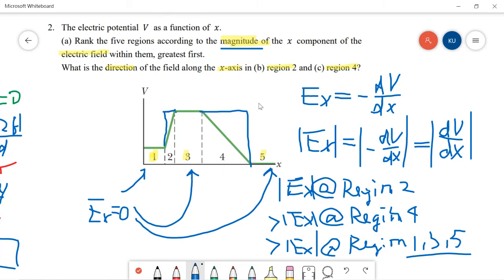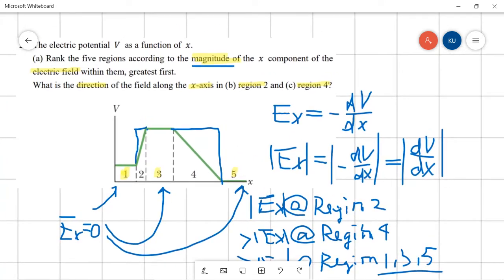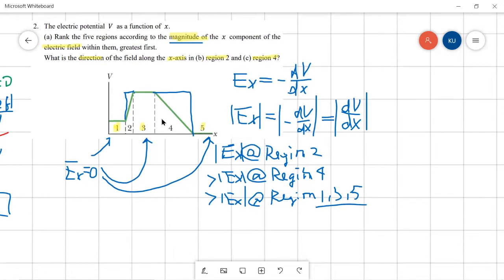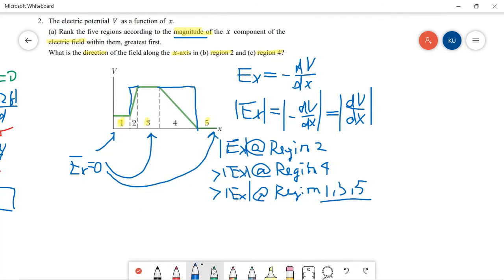For part B, we only consider part B and part C. We only consider the slope.